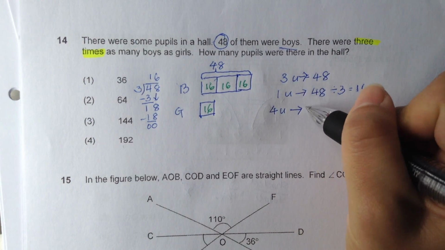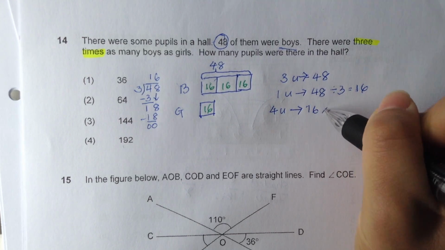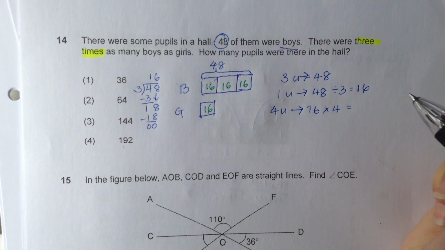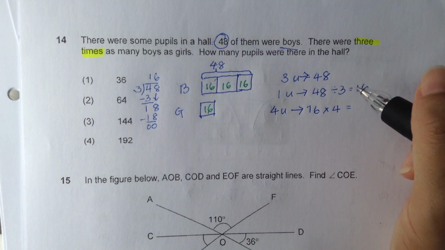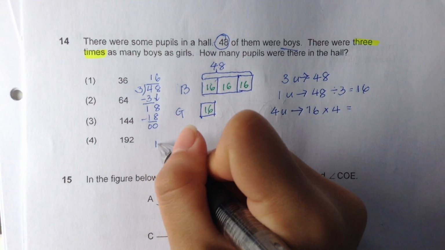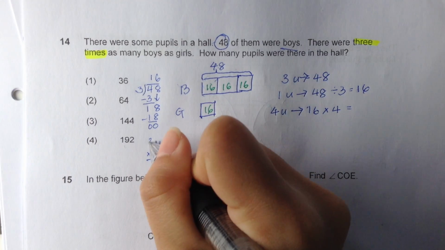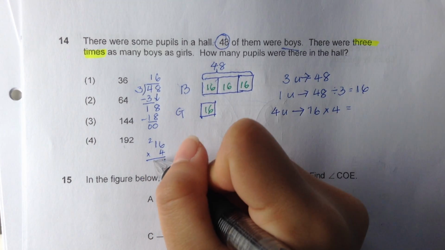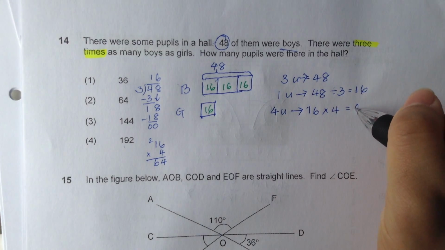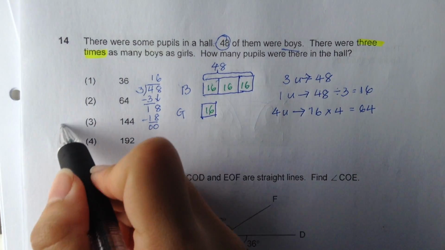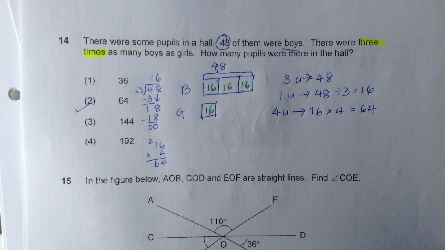Or you can use 16, 4 times. If you do your working, I will get 64. So my answer is option 2.